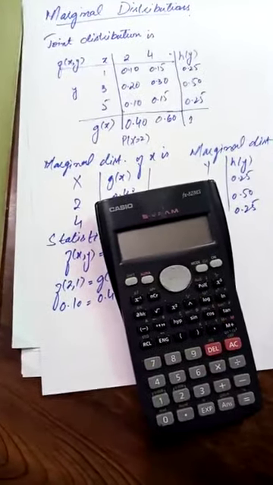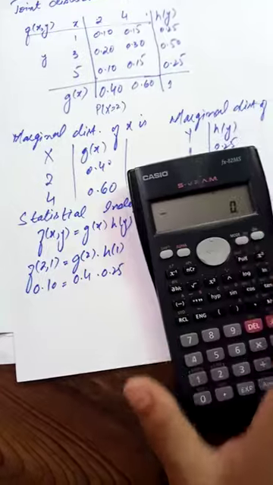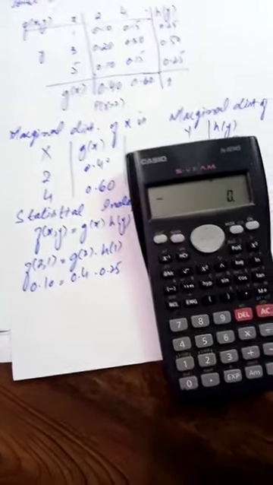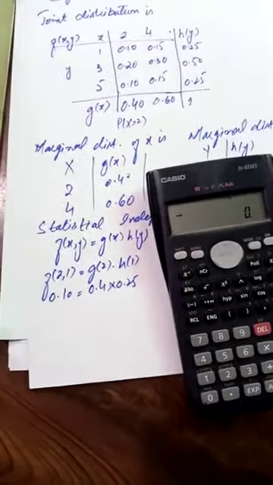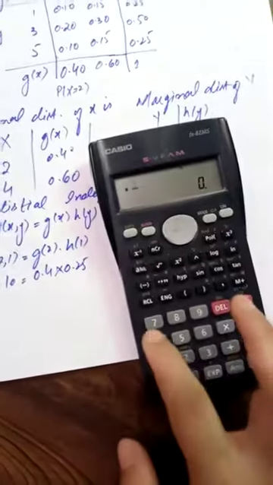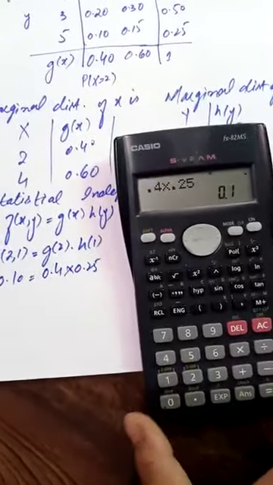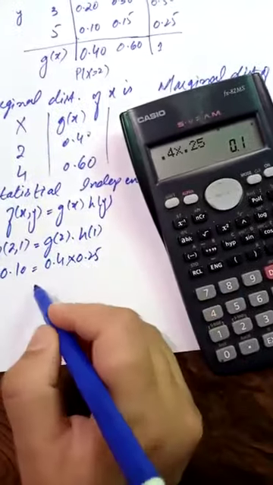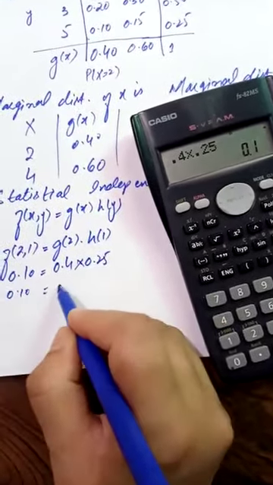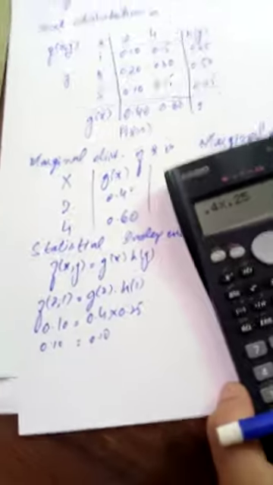Let's check if they are equal or not. Let's multiply 0.4 by 0.25. So it's 0.10. So the first pair satisfies the condition of independence.